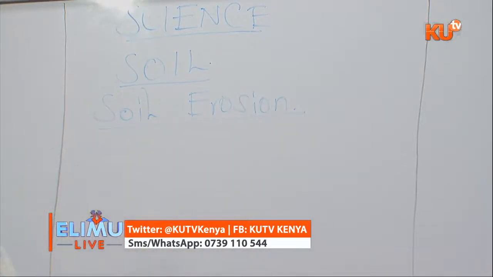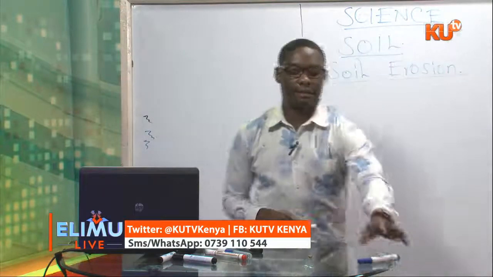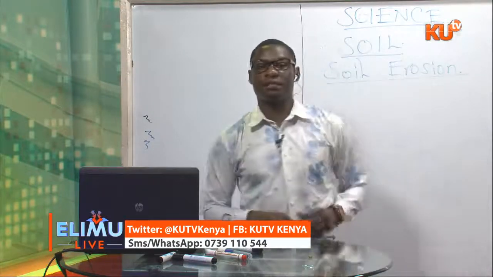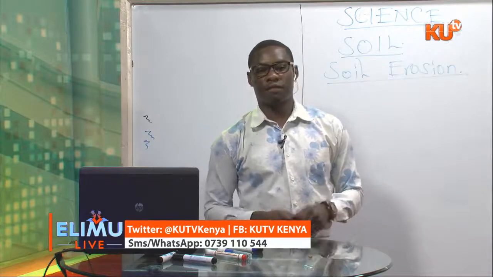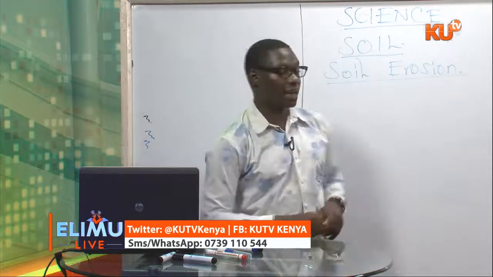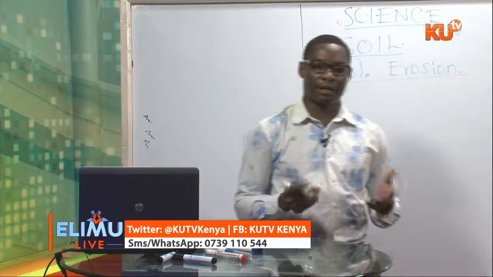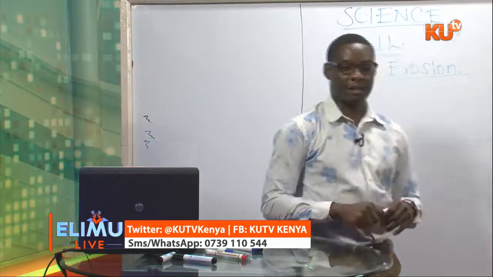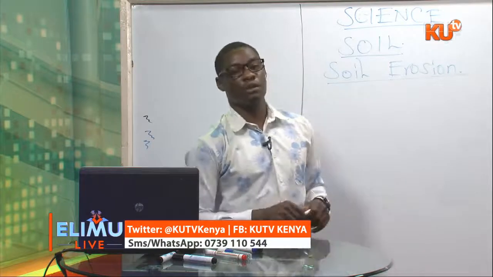Soil erosion is not a new topic in standard 6. It has been taught in the previous classes. Just to mention a few of the things that have been learned in the previous classes under this topic soil: we have components of soil, we have the roughness or softness of soil, that is soil texture, we also have capillarity, and we also have drainage.